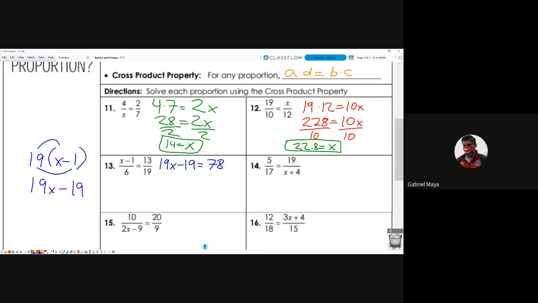You're asking if it's 5.1. Let's see. Let's add 19 to both sides. So we've got 19x and 78 plus 19. That's equal to 95. No, excuse me, I can't. Hang on a second. 78 plus 19 is 97.